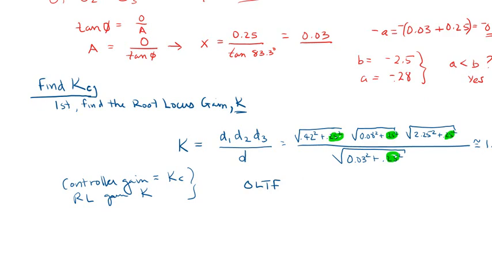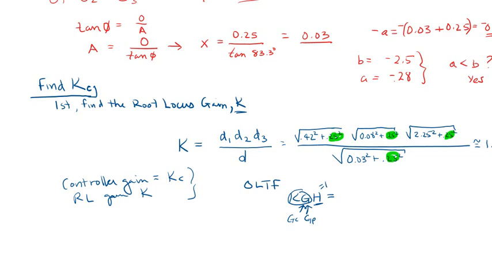So if you remember, that's going to be KGH, okay? And we're basically putting a controller in, and this G is GC and GP. Actually it's all of this, and H in this case is equal to a 1.